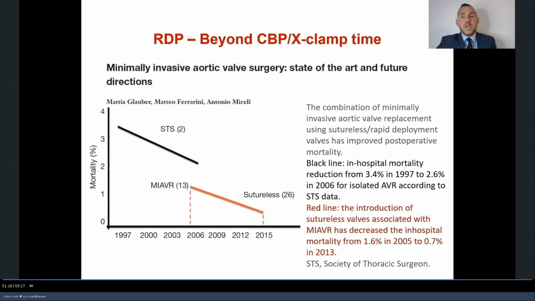But beyond the cross-clamp time and the bypass time, the association of sutureless valves with minimally invasive cardiac surgery has significantly decreased the in-hospital mortality from 1.6% in 2005 to 0.7% in 2013, as demonstrated by this STS data.